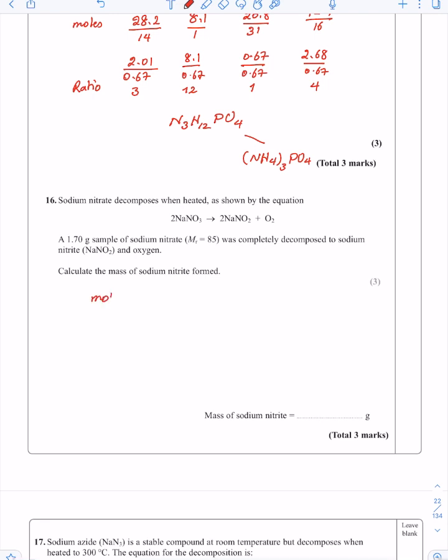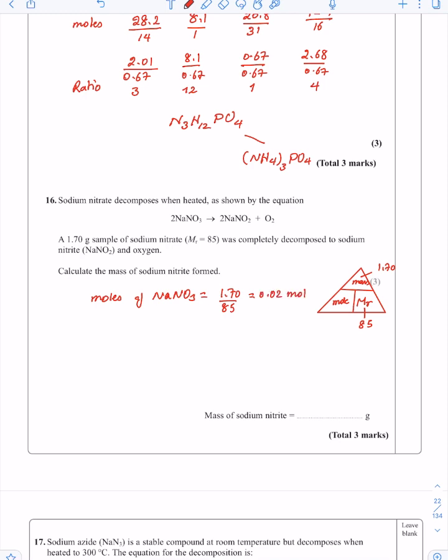First step, we get the moles of sodium nitrate from the mass and the Mr. So we divide the mass over the Mr: moles is equal to mass over Mr. The mass is 1.70 and the Mr of sodium nitrate is 85, so 1.70 divided by 85 gives you 0.02 moles.